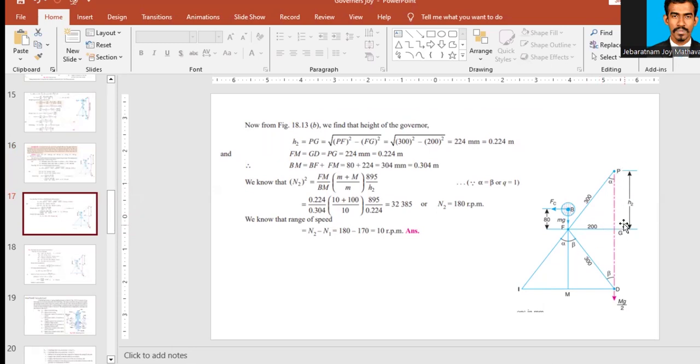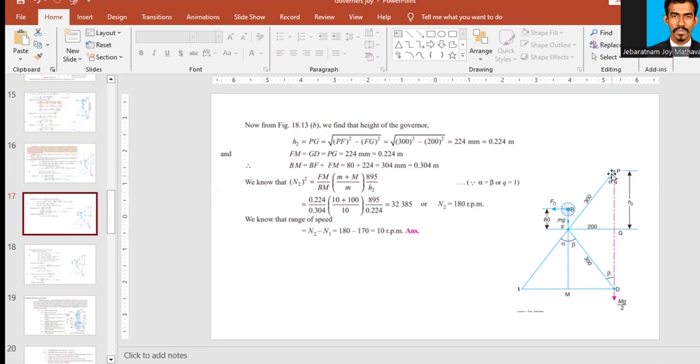PG is equal to the square root of PF squared minus FG squared. So the square root of 300 squared minus 200 squared. When we solve it, we will have 224 millimeter. So PG would be equal to 224 millimeter, that is 0.224 meter.